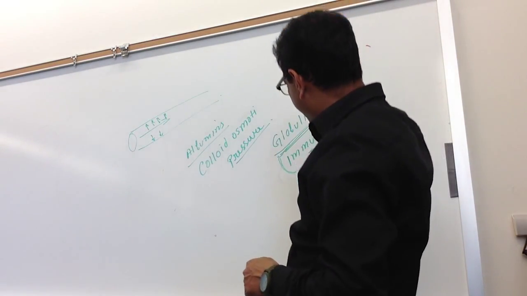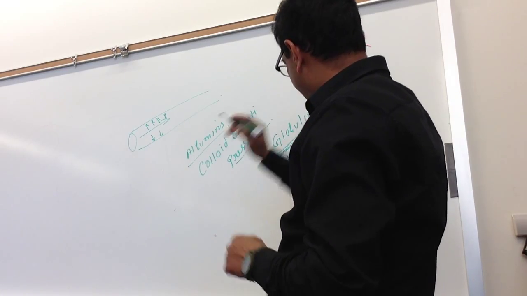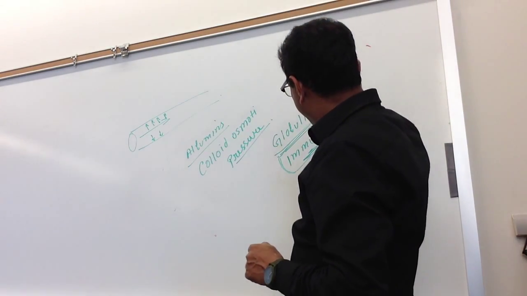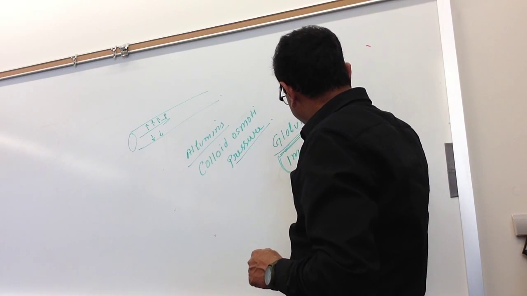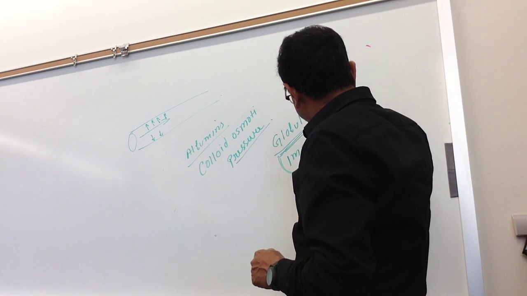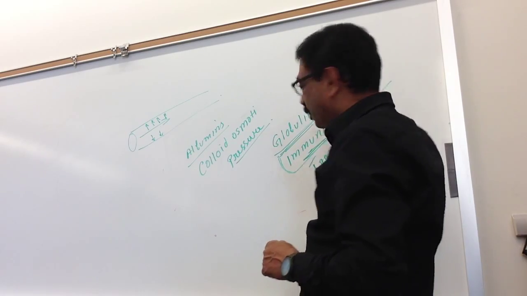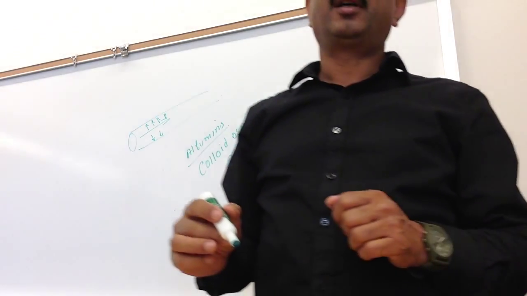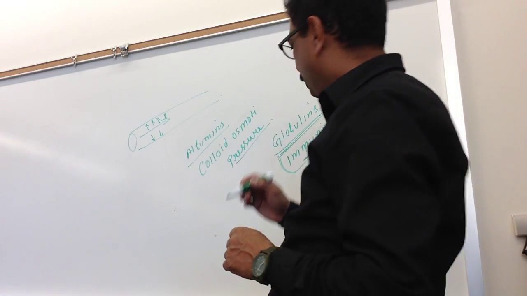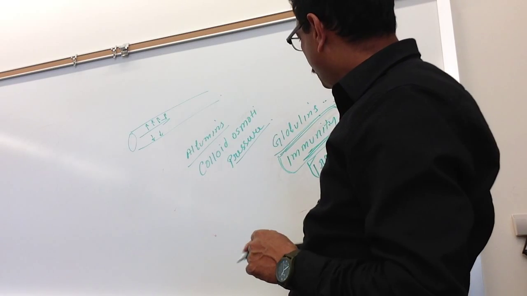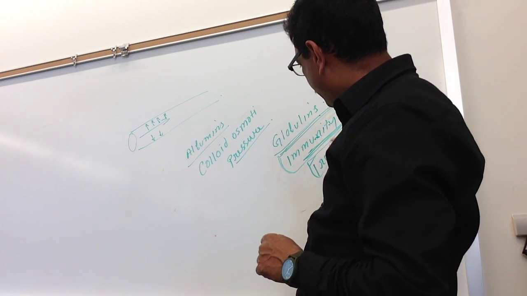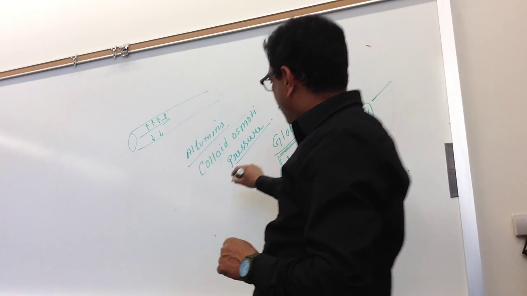So globulins are mainly responsible for immunity, just write it down. Globulins also help in transportation of chemicals like hormones and metabolic waste. Those are also transported by the globulins. So two functions, immunity and transportation.